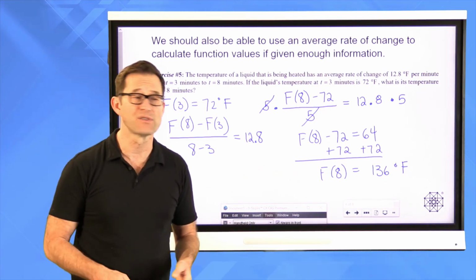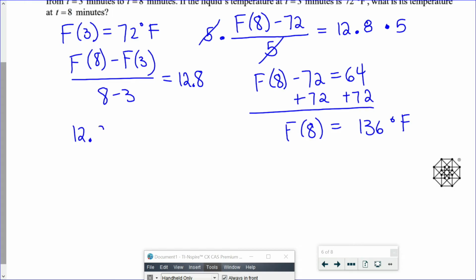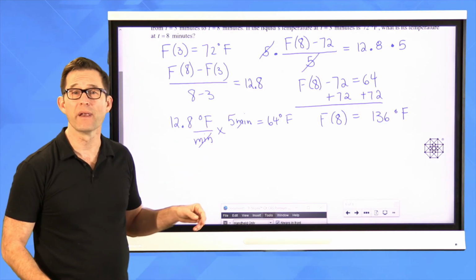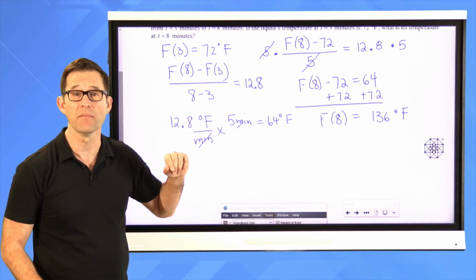One way to do this problem is to just say, hey, look, I've got 12.8 degrees Fahrenheit per minute times 5 minutes, and that is 64 degrees Fahrenheit. So I could just take my rate, 12.8 degrees Fahrenheit per minute, and multiply it by 5 minutes, because that's how much time has passed between 3 and 8 minutes.